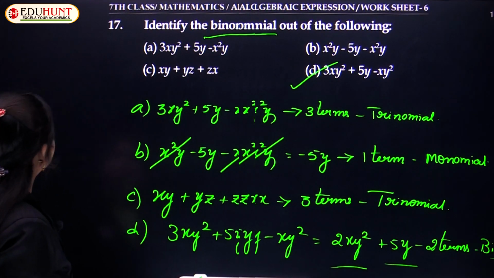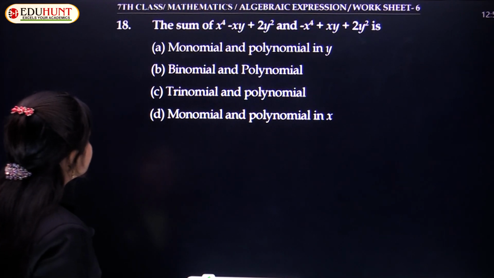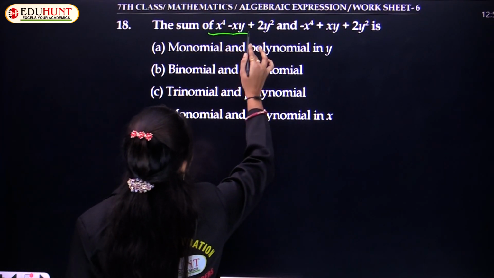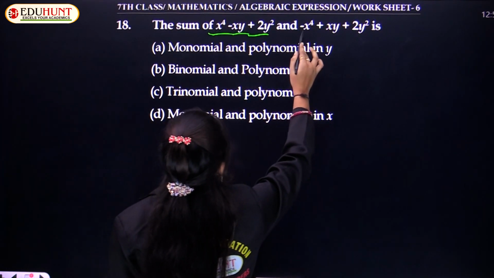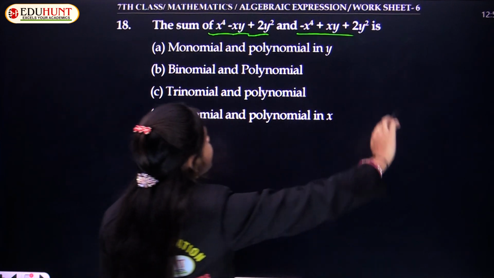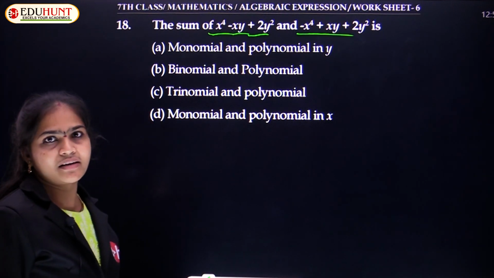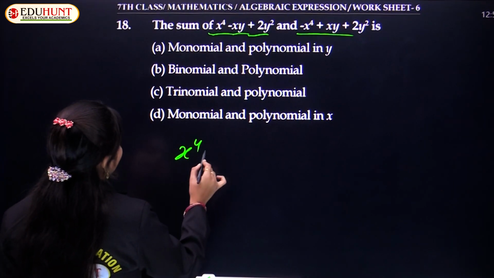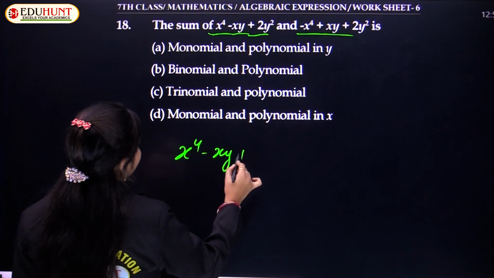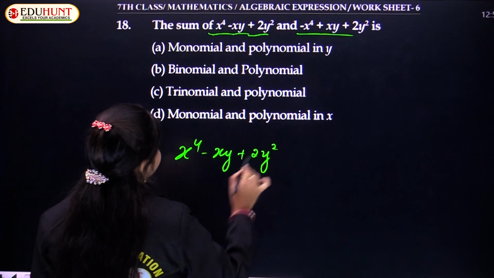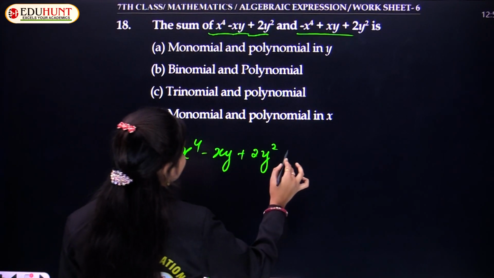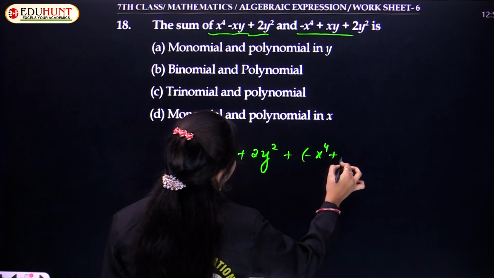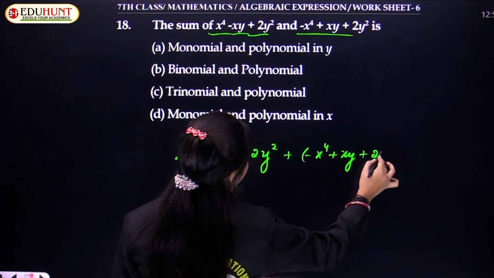And 18th question says the sum of x power 4 minus xy plus 2y square and minus x power 4 plus xy plus 2y square. See here, x power 4 minus xy plus 2y square. Just we have to add those two. Sum only they asked here. So x power 4 minus xy plus 2y square, plus minus x power 4 plus xy plus 2y square.